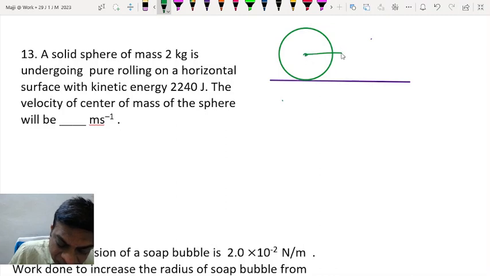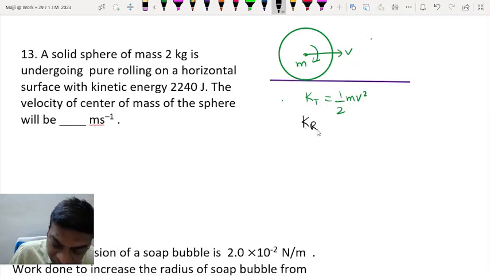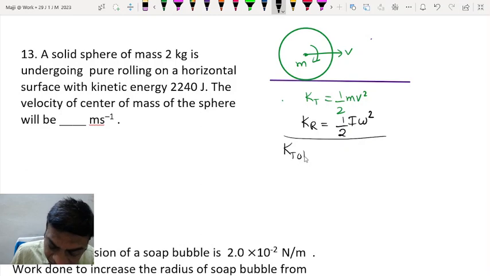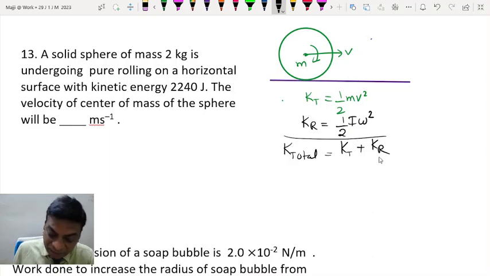Due to translatory motion, the translatory kinetic energy will be half mv square, and due to rotatory motion about its own axis, the rotational kinetic energy will be half I omega square. When you add them, you get the total kinetic energy.